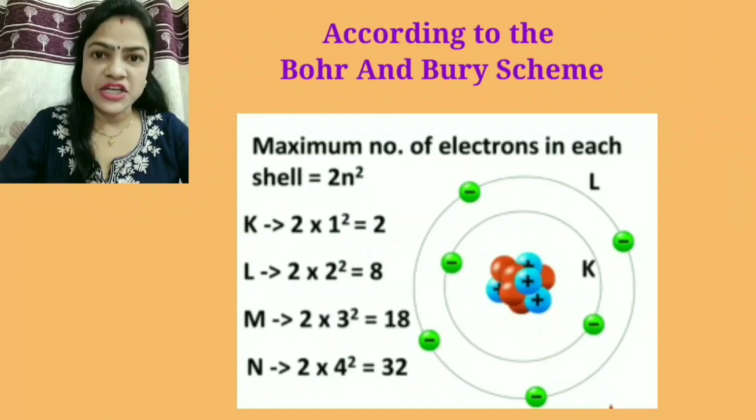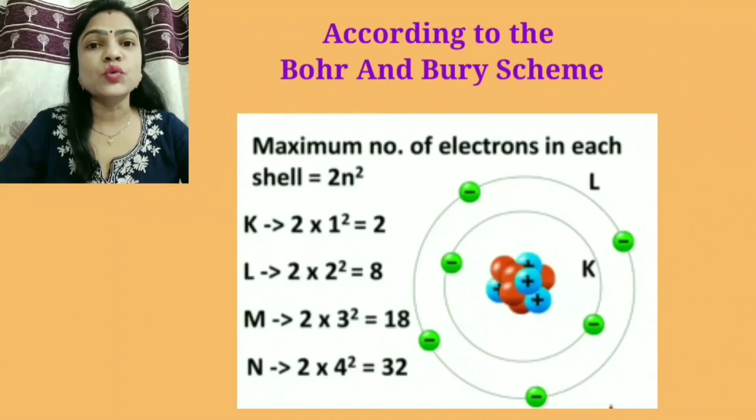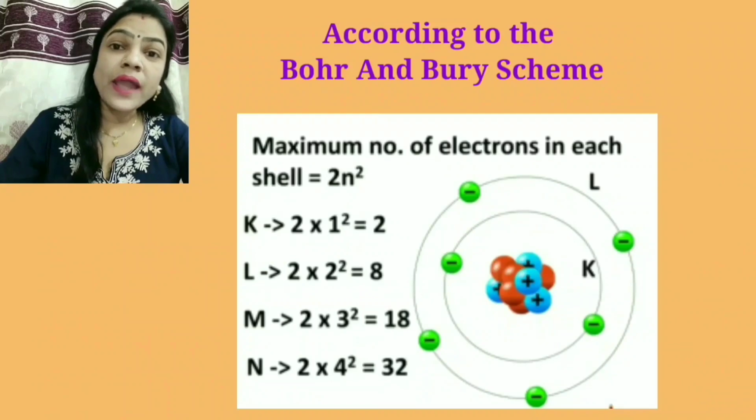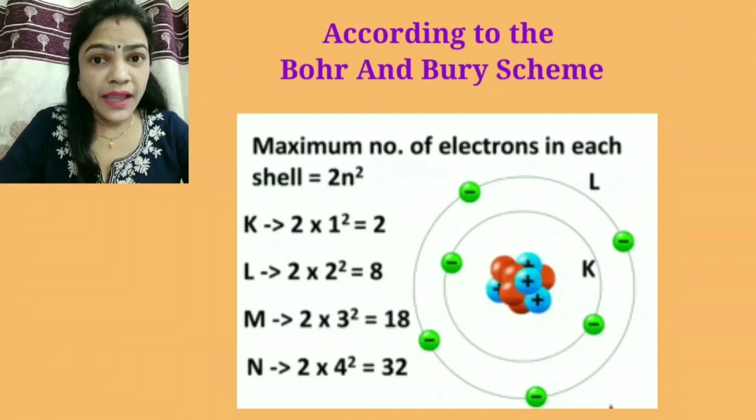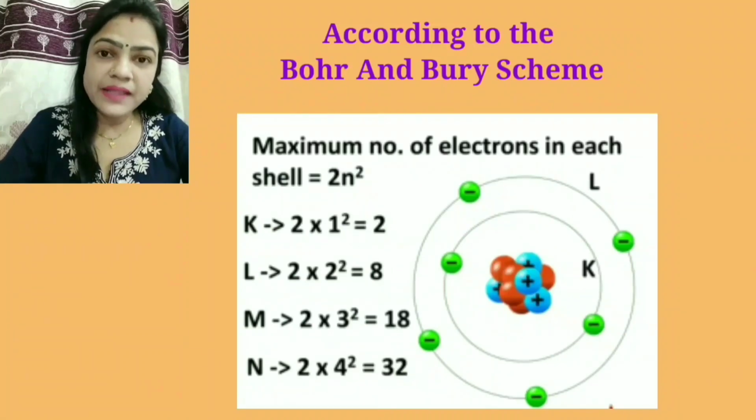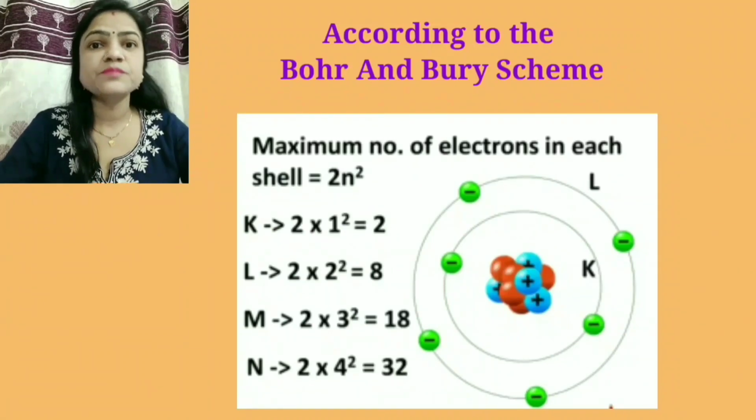Second, L shell: 2n², where n is equal to 2. 2 into 2 square is equal to 8 electrons. It means 2 electrons enter only in the K shell and 8 electrons can take place in the L shell.